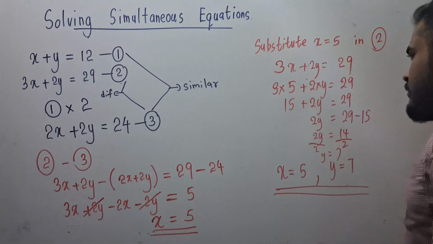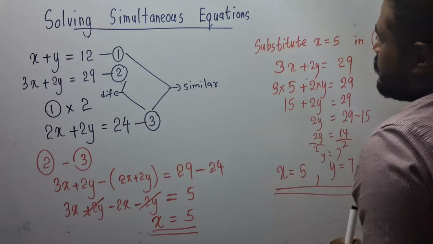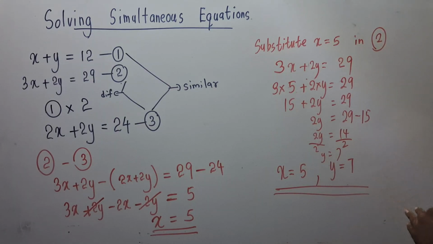Okay. Then I will teach you how to solve this using the subject and substitution method. This was the elimination method. I am erasing this. You can pause the video and write the answer.